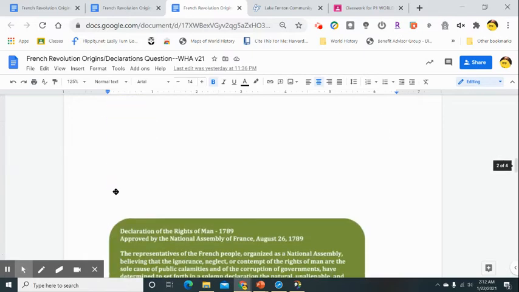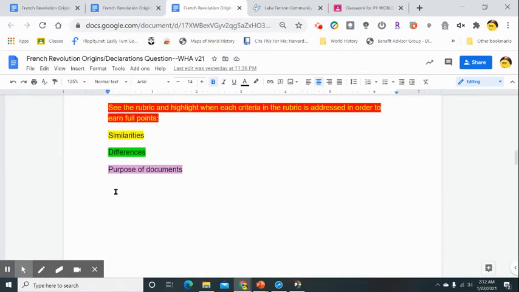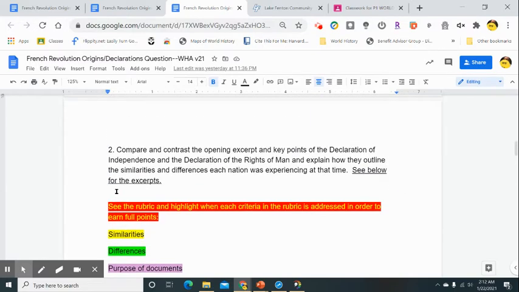The other one is one we've done just recently this semester. We started out with the key points of the Declaration of Independence and the Declaration of the Rights of Man, comparing and contrasting them and how they outline the similarities and differences each nation was experiencing at that time.